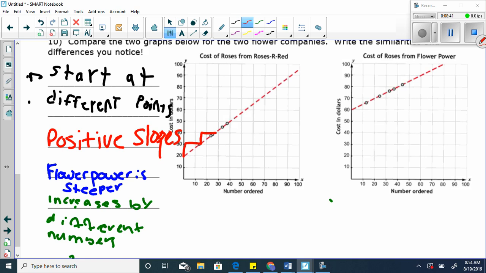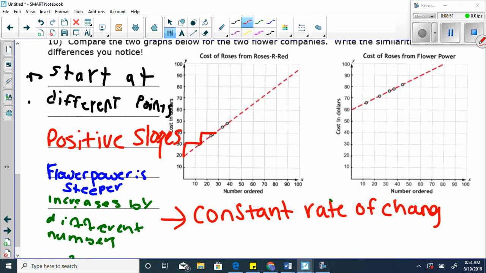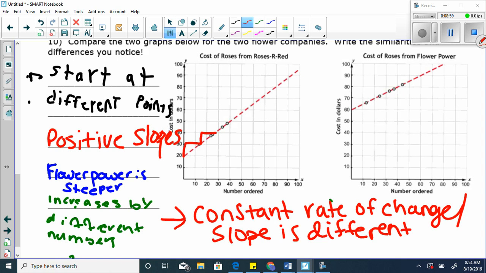That's their constant rate of change. Their constant rate of change, or their slope, is different. Awesome. That's the same thing. These equal the same thing.